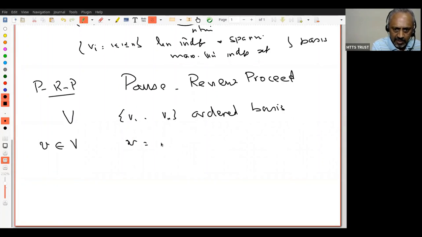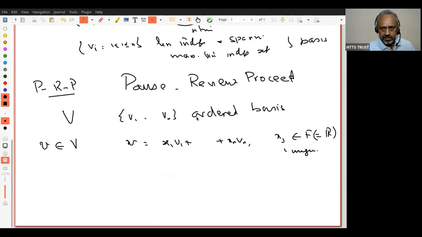These scalars, instead of a1, a2, an or c1, c2, cn, I will call x1, x2, xn, so v equals x1 v1 plus up to xn vn, where the xj are all scalars in the field, possibly R as usual. And these are all unique, as we know, because this is a basis. Do you understand this? Now, therefore, I have an obvious map.